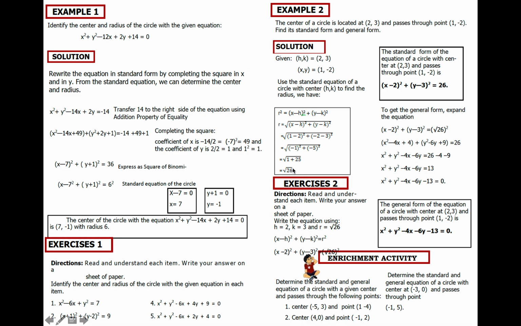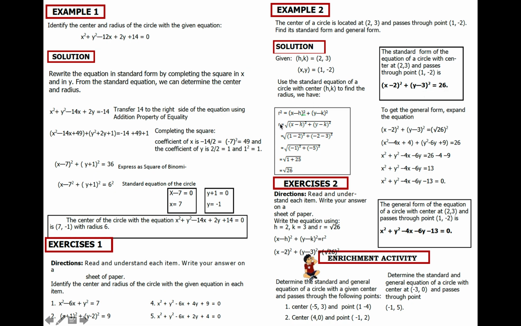So square root of 26 would be your r, okay? r is square root of 26. All right? Therefore, the standard form of the equation is (x - 2) squared, we get that from h, plus (y - 3) squared, we get that from k, equals 26 because r is square root of 26, therefore r squared is 26.